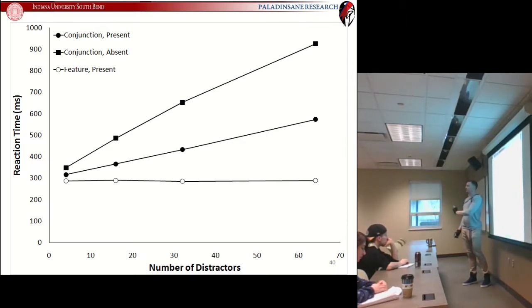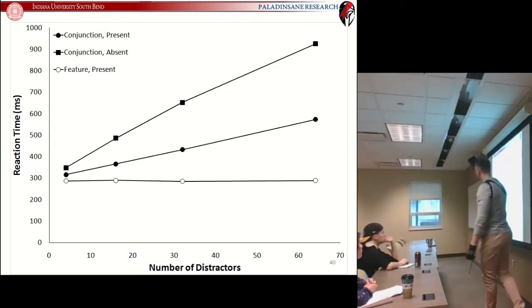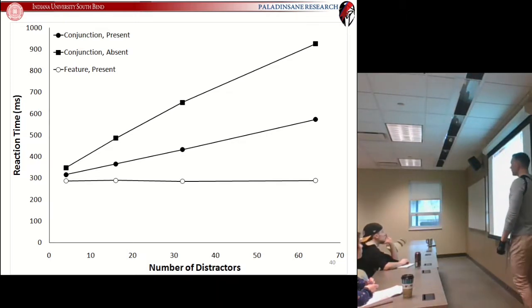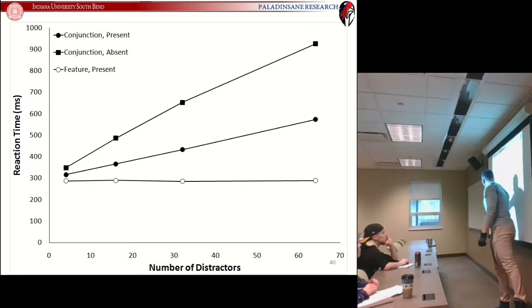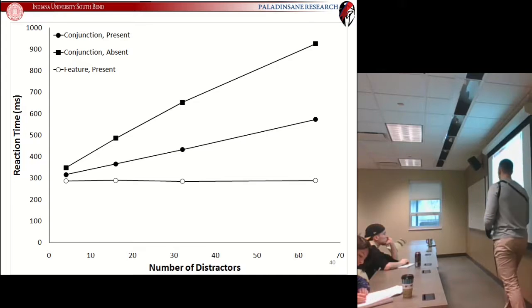When you're looking for a single feature, you can see that it doesn't matter if you have 4, 16, 32, or 64 distractors, your time to find it doesn't increase. It's almost immediate. It's almost like you're searching the entire array immediately, and that green circle just pops out, grabs your attention, and it doesn't matter if there's 64 or only 4 distractors, you have the same reaction time in each of those conditions.